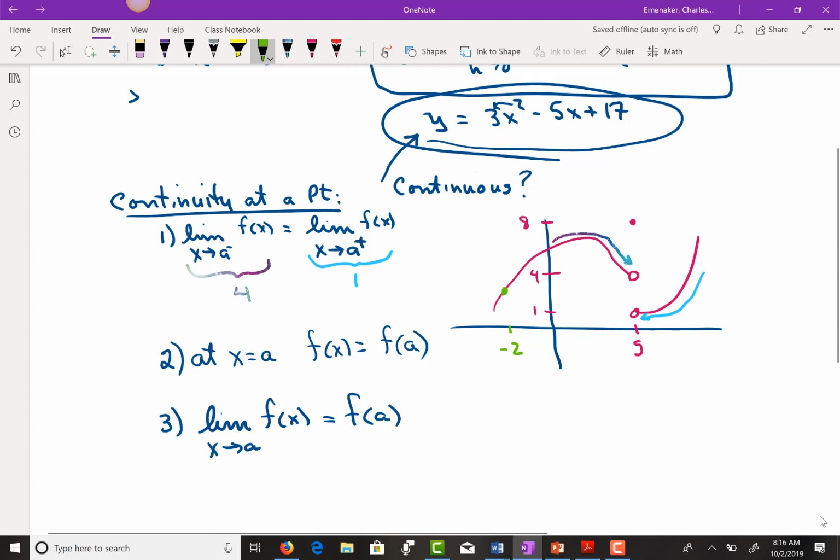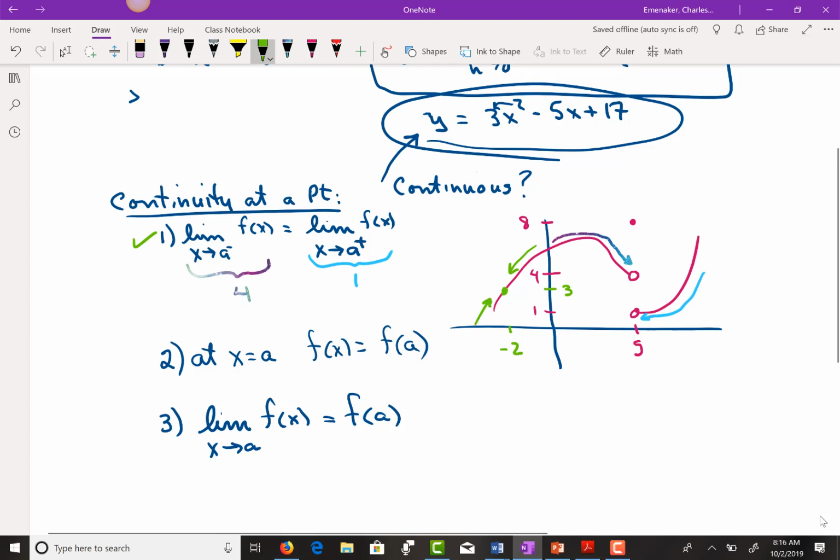If you come in from the left, I'm not sure what that value is. Let's make something up. As you come in from the left, it looks like you're headed to a y value of what? 3. As you come in from the right, it looks like you're headed to a y value of 3. So that takes care of this first part. If you come in from the left or the right, you're headed to the same number.